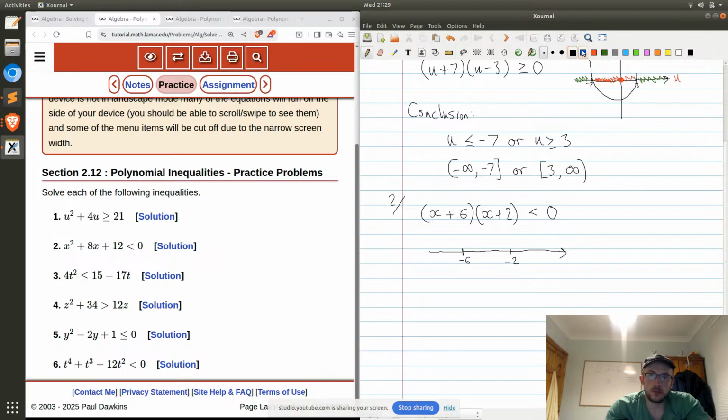So you test values from all 3 regions. So here, let's test the number -3. I will get 3 times -1. And is that less than 0?